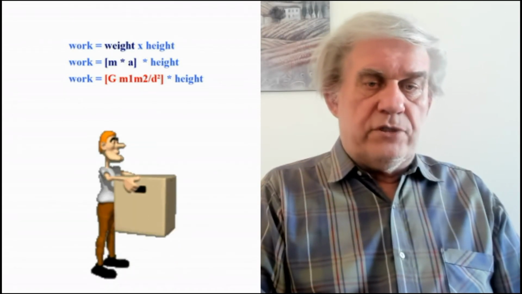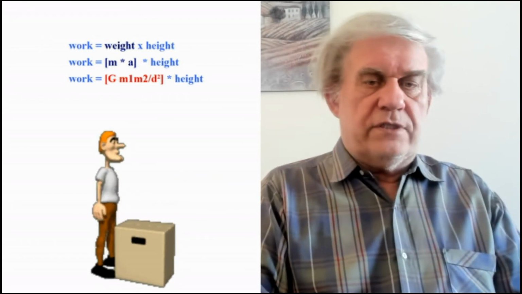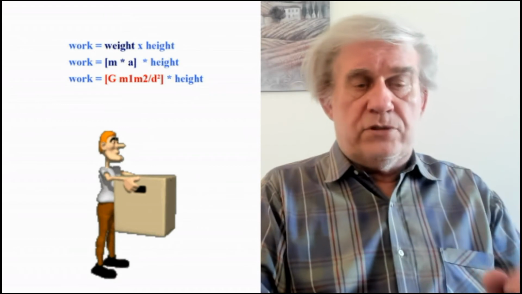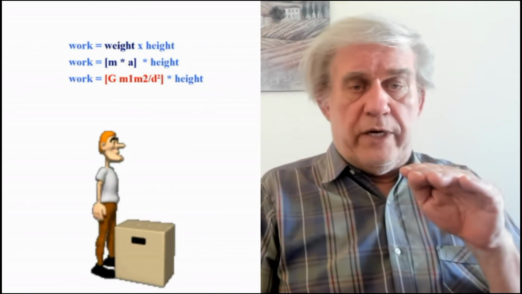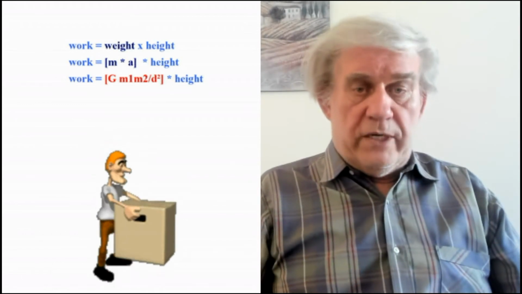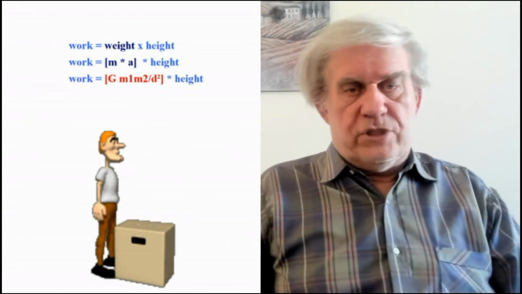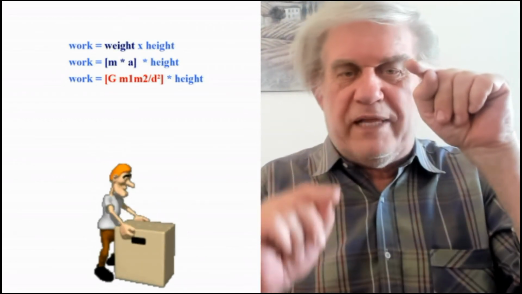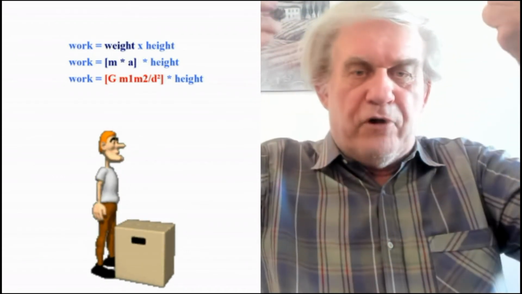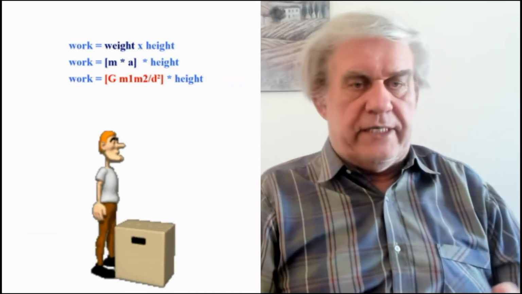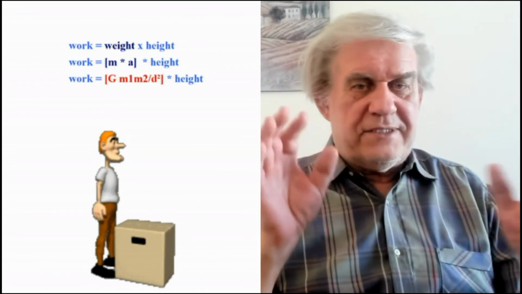So we would have to use the force in the gravitational law, which is gravitational constant G, mass 1, mass 2, divided by distance squared, which is essentially the distance between the box and the center of the Earth. What is that times? Height. Because what is height? It's not a single value. What you're doing, you have a displacement upward. You're moving the box upwards. And so you're going to look at how much you moved it and say, okay, that's how much work I did. Okay, I hope that's clear.